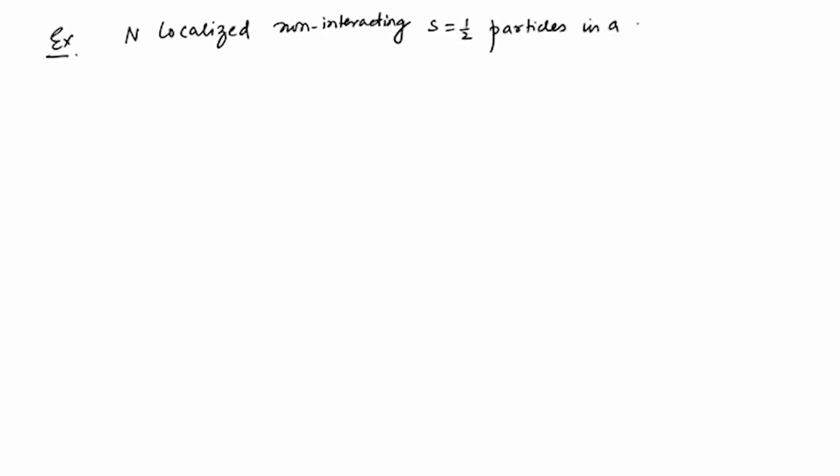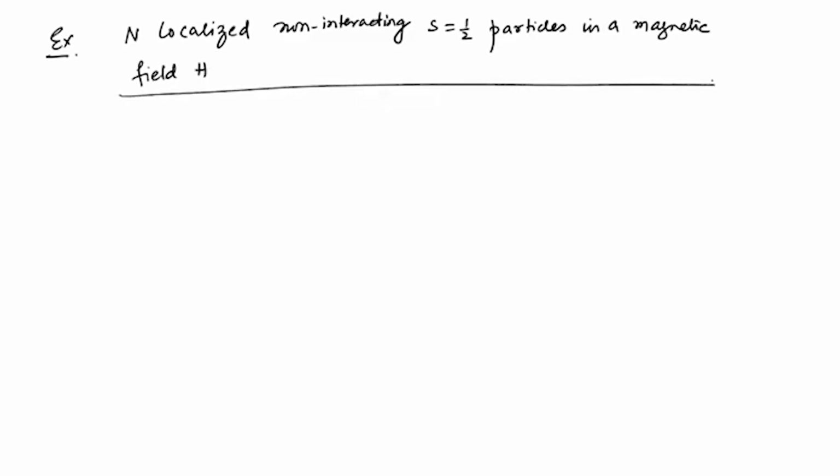So, the example problem is that we have N localized non-interacting spin half particles in a magnetic field H. Okay. So, this is the problem, and you have to calculate the number of microstates.